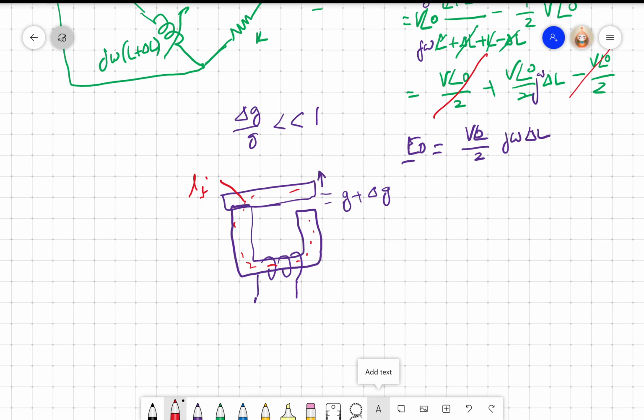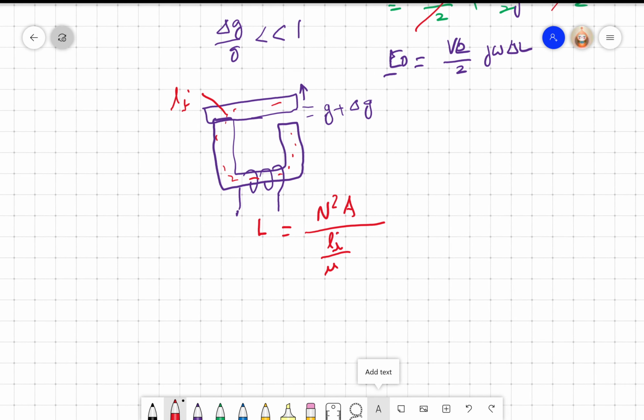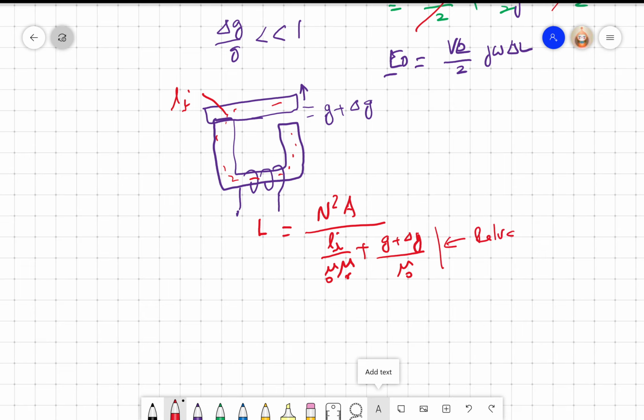So inductance L would be equal to N square divided by the reluctance of the iron path, Li by mu naught mu r, plus the reluctance of the air gap, G plus delta G divided by mu naught.